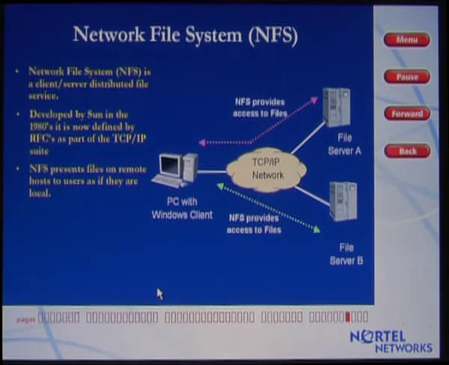The object of NFS is to present files on remote hosts to users as if they were local. This means that files may be presented as if they are part of the local drives and directory systems. In fact, NFS works by utilizing various other separate protocols, namely the Remote Procedure Call, RPC, and External Data Representation, XDR.